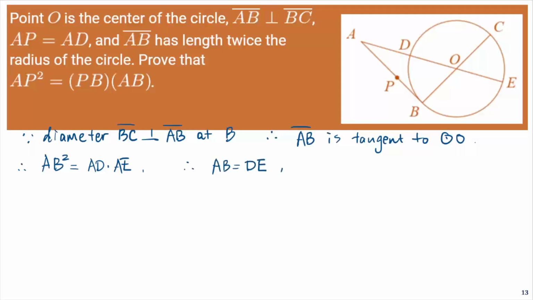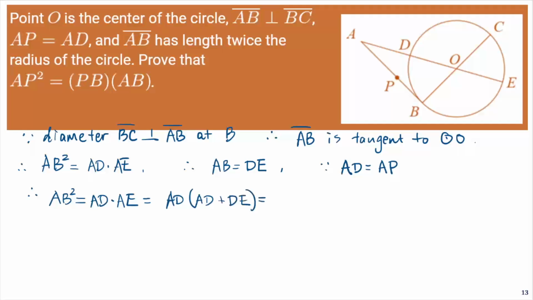Since we are also given AD equals AP, we have AB squared equals AD times AE, which is AD times (AD plus DE), which equals AP times (AP plus DE), which equals AP times (AP plus AB), right?